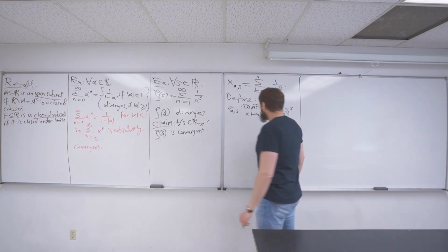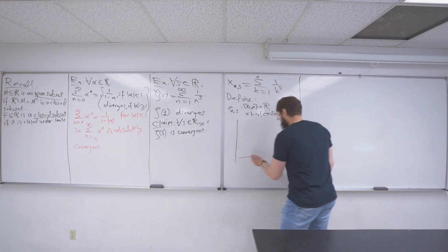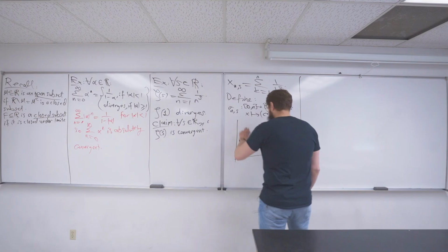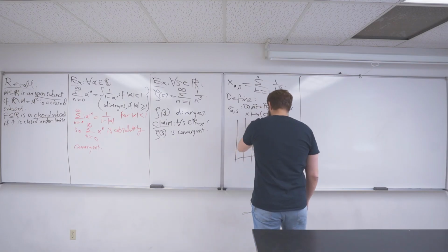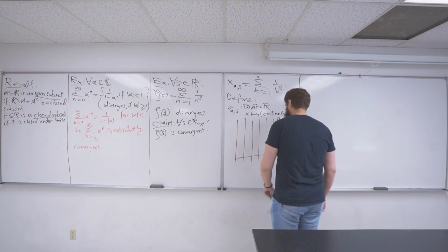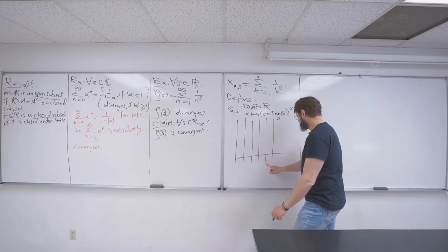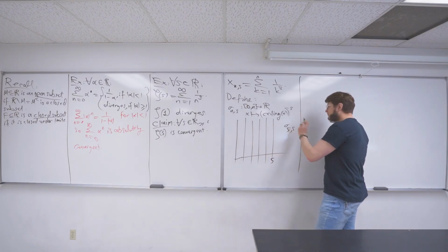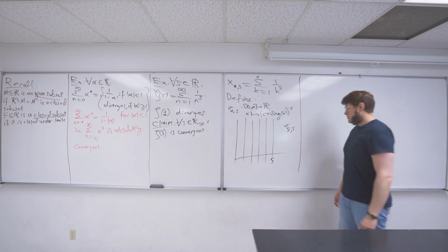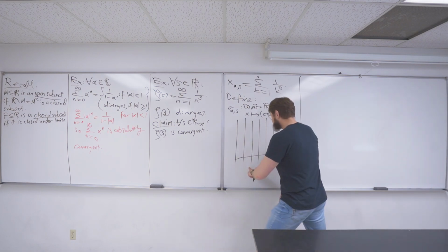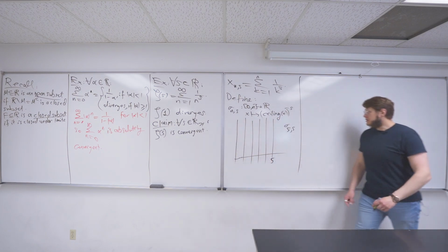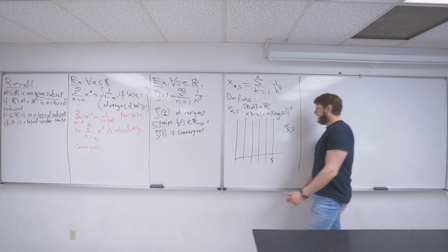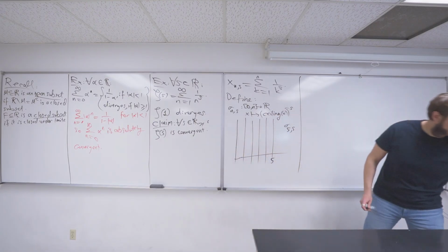Now, how does this look? 1, 2, 3, 4, 5, let's say. So for instance, sigma sub 5 of s would look like this. I'm sampling out the heights from 1 over x to the s. Say this is this function.